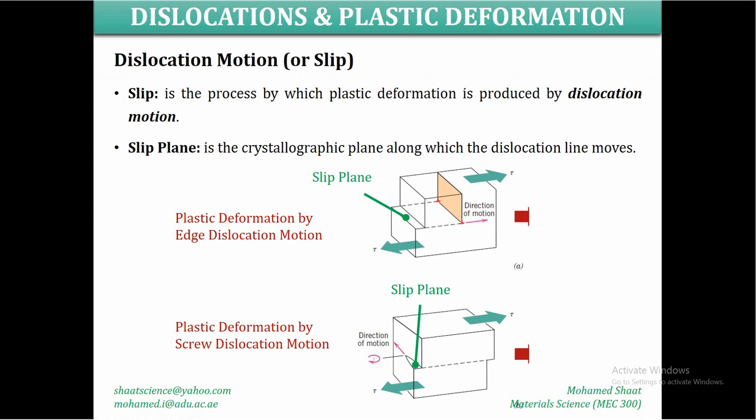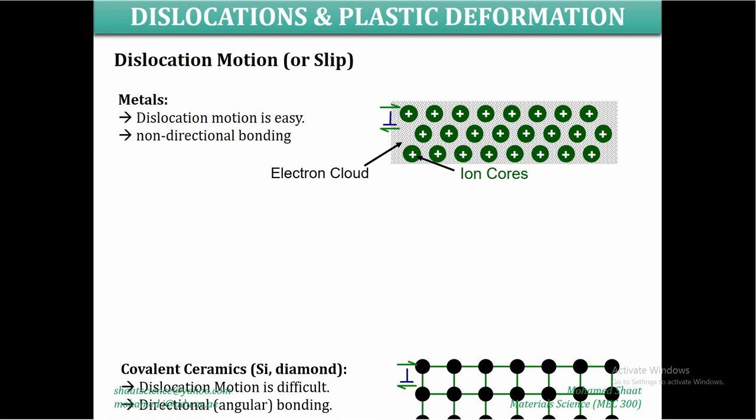There should be a slip plane, which is the crystallographic plane along which the dislocation line is going to move. In addition, the dislocation line is going to move in a certain direction. So the slip plane and the direction of motion define something that we call a slip system, and this is what we are going to discuss over the first part of this video.